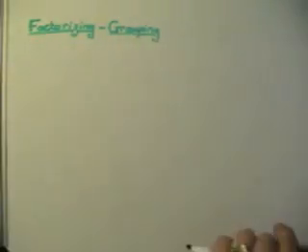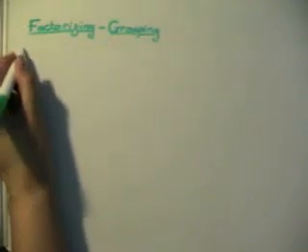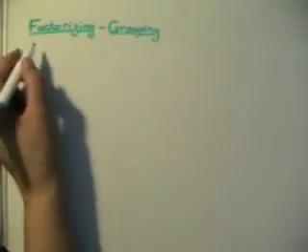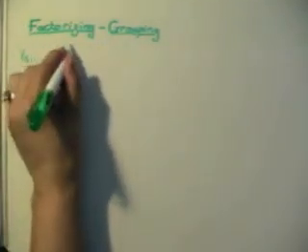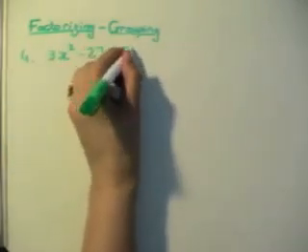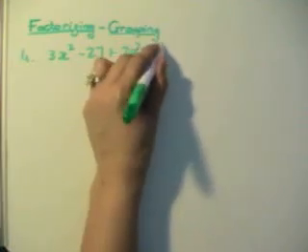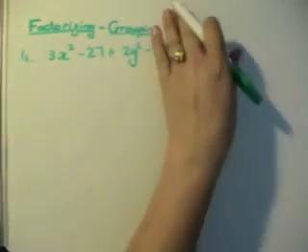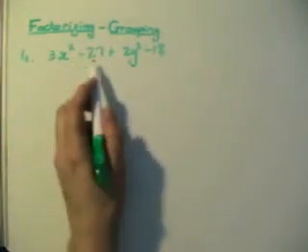Okay, this is a nice problem that I want to finish off with. 3x squared minus 27 plus 2y squared minus 18, where I use a bit of combination. Can you see that?